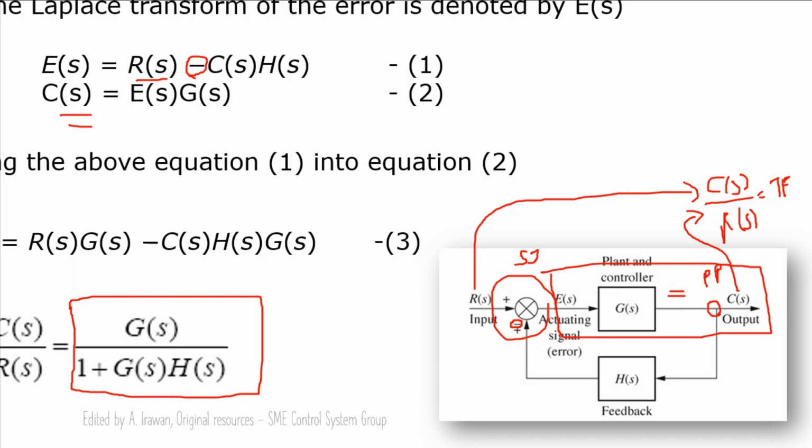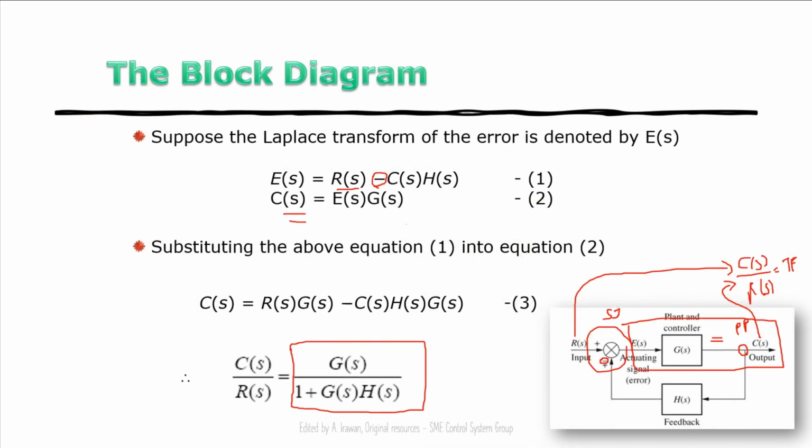So that's why we come up with this equation. We make a substitution, and then we get the C(s) over R(s) equation, which is the transfer function for the closed loop or feedback form.